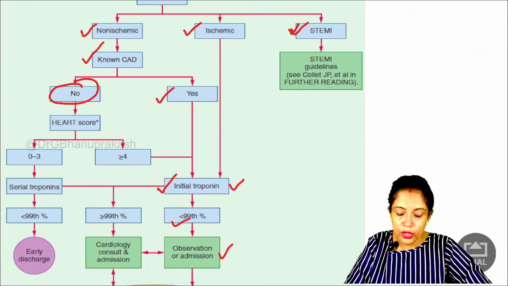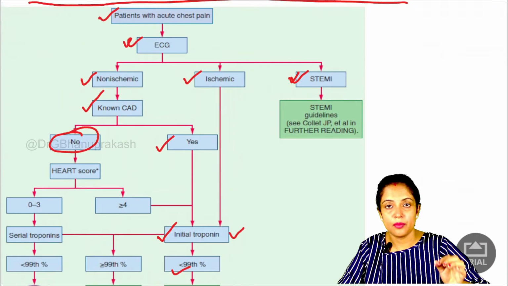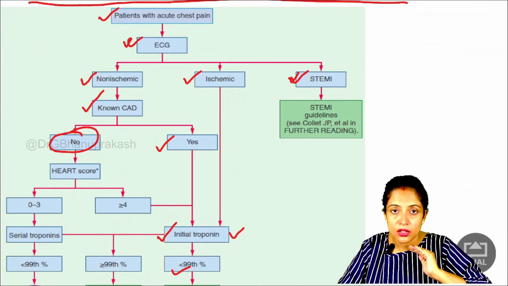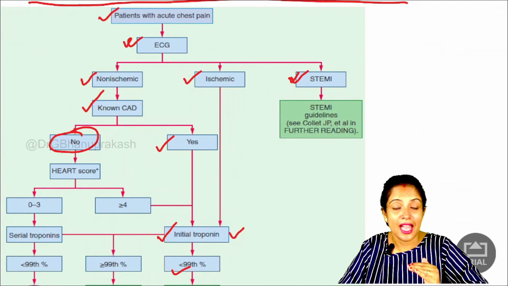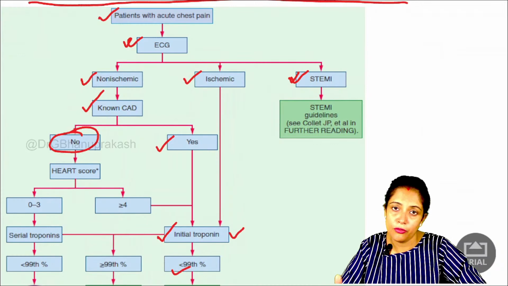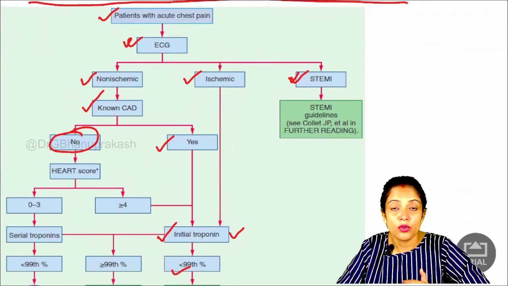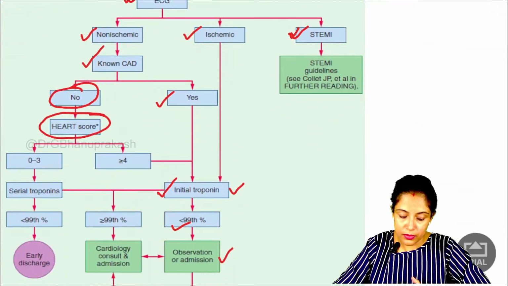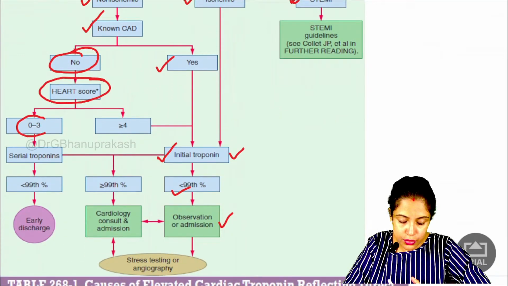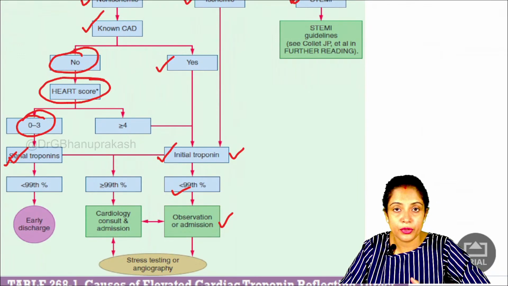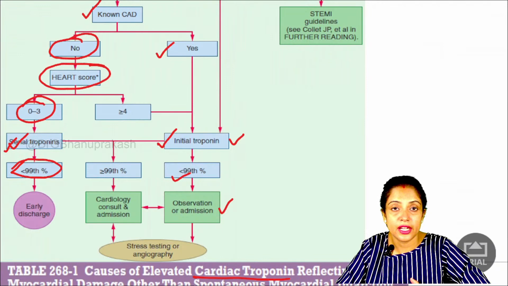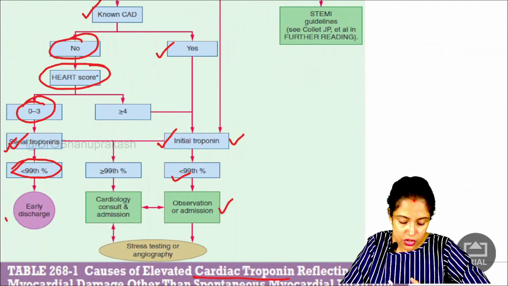If there is no history of CAD, meaning the patient has come with chest pain, you have done an ECG, there are no ischemic changes, and the patient has no history of prior CAD, then what are you going to do? Then comes the importance of the HEART score. If the HEART score is 0 to 3, you measure the troponin serially, and if it is less than the 99th percentile of the upper limit, you discharge the patient.